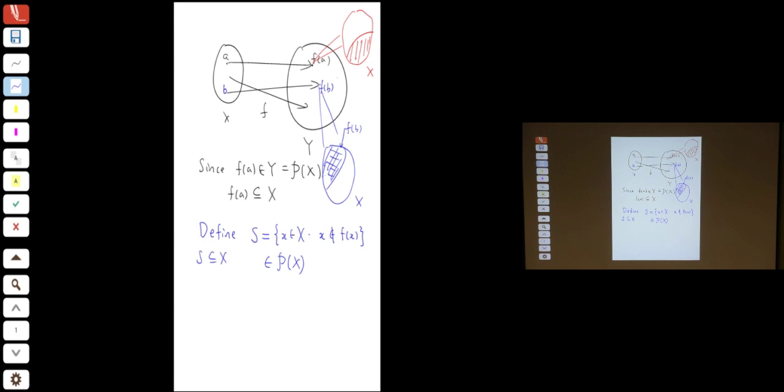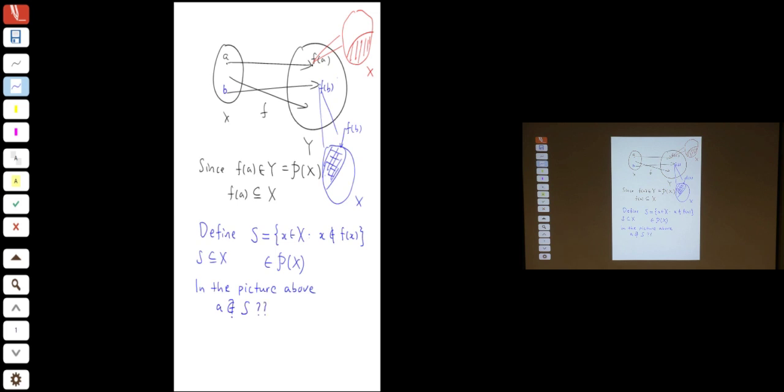Now let's look at this picture to see what S collects. Just example pictures. How about this A? Suppose A is like this, f(A) is like that. Is A in my collection S? I want to know, is A in S?